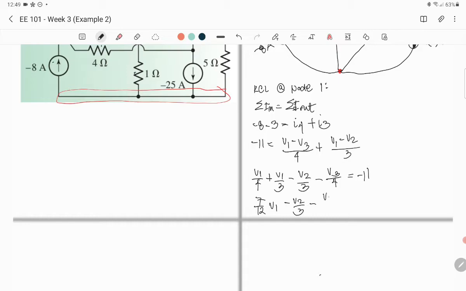And 1 term for V3, so that's going to be V3 over 4, and then is equal to negative 11. This will be our first equation. Again, we need 2 more equations to solve for the 3 unknowns. As you notice, we have V1, V2, and V3. So we need 2 more equations. And how are we going to do that?